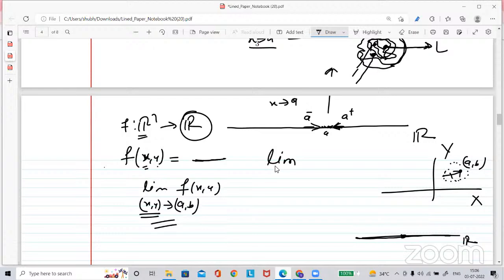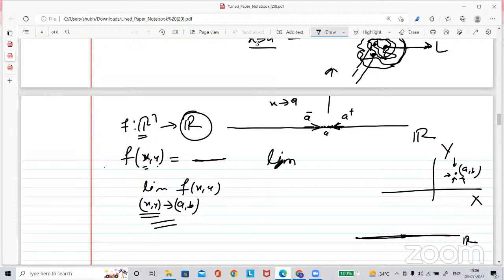We can approach from this side, this side, all around. We can approach (a, b) from all directions. That's the difference here.